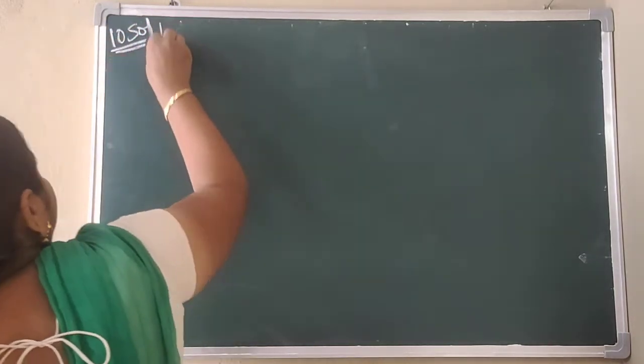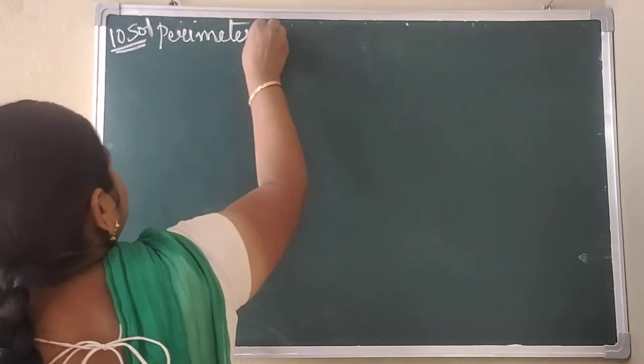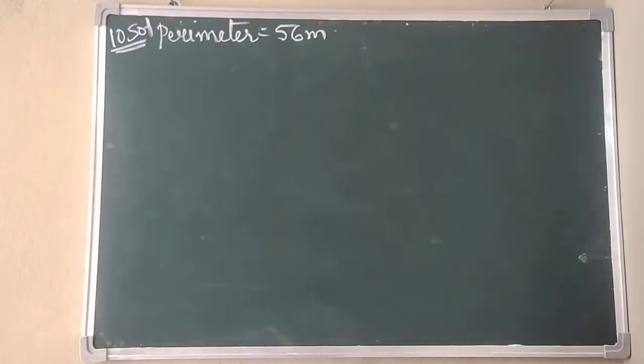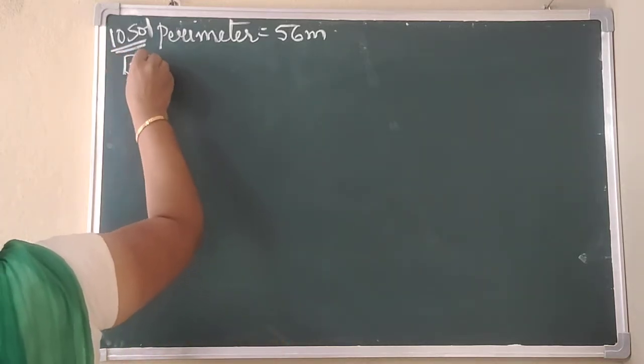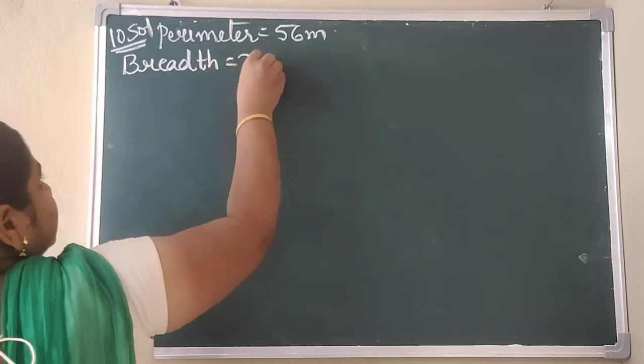So this is the 10th question. So the perimeter they have given is 56 meters, and they told about the length. They didn't mention anything about the breadth, so we are taking the breadth value as x meters.